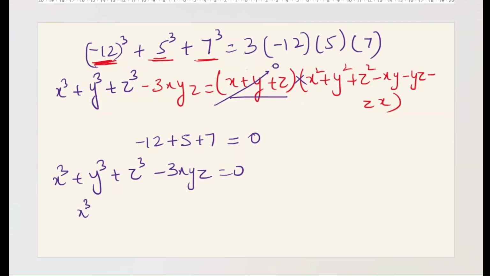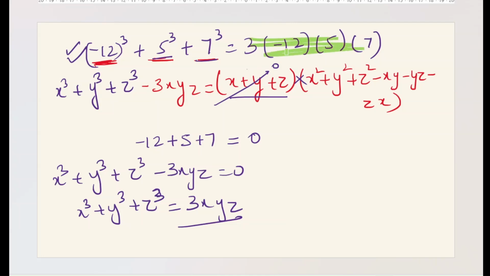So that means x cube plus y cube plus z cube is equals to 3xyz. That is why minus 12 cube plus 5 cube plus 7 cube is equals to 3 multiplied by minus 12 multiplied by 5 multiplied by 7, that is 3xyz. That's it about algebraic identities.